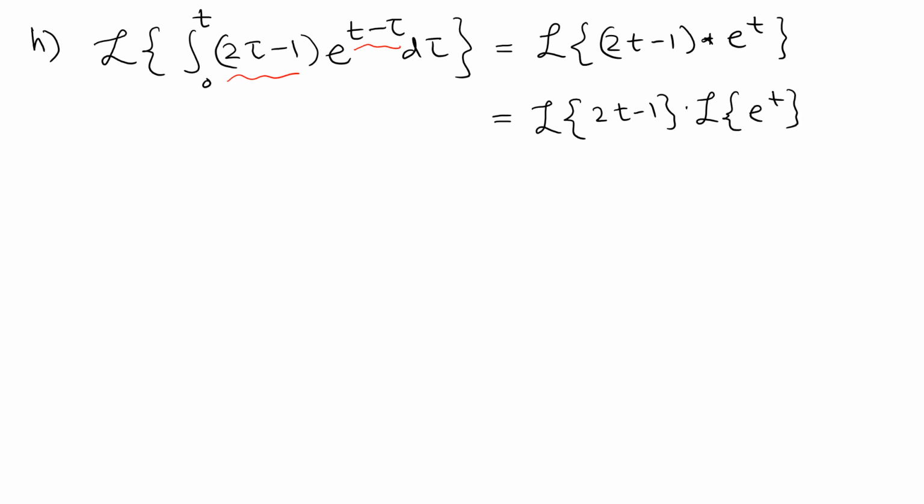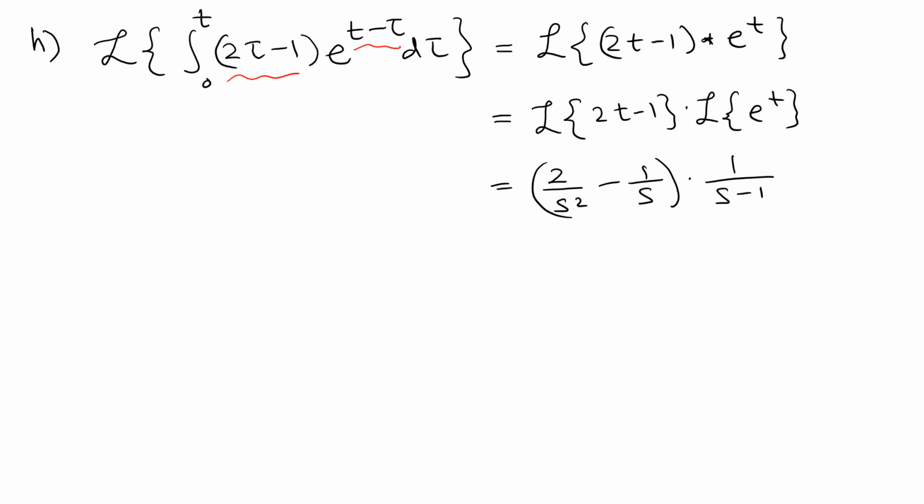We're going to find them and plug them in here. You can see 2t minus 1 is linear, so you can find them separately. It is going to give you 2 over s squared and then minus 1. The Laplace transform of 1 is 1 over s, so you can write it like that. That's the first one. The second one we found earlier, it is 1 over s minus 1.